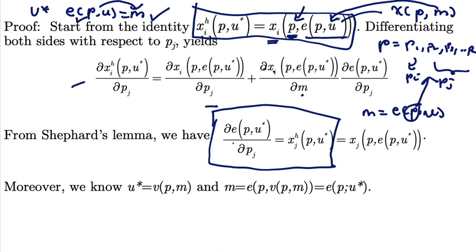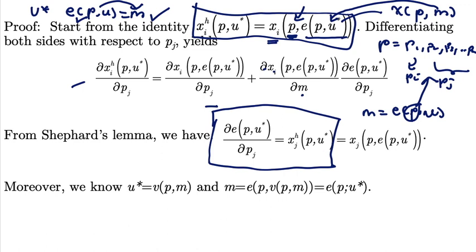If we differentiate the expenditure function with respect to the price of one good, let's say in this case good J, then we get the Hicksian demand function for good J. In this case, because we are talking about the optimal level of utility, we are differentiating the expenditure function at the optimal level of utility, call it U star, with respect to the price of good J. Based on Shephard's lemma, we obtain the Hicksian demand function for good J for given prices in vector P, as well as the optimal level of utility, U star.